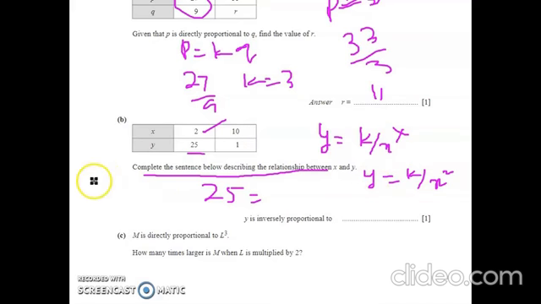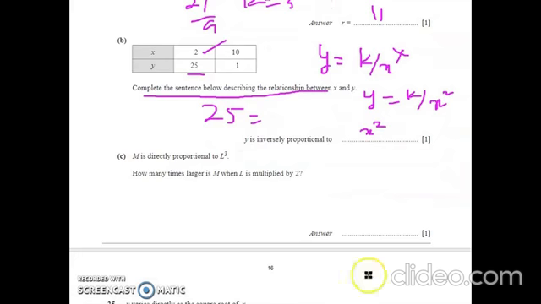Do you realize this? If I put Y 25 and X value 2, my K comes out to be 100. And when I put X value 10 and Y is 1, my K again comes out to be 100. In both the cases, the K is the same. So that means Y is inversely proportional to X square.